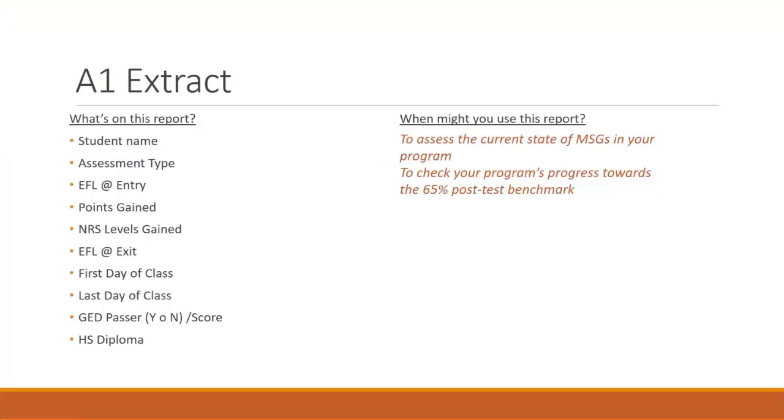You can even just filter for certain results that you're looking for. And it's a really easy way to just get a snapshot of the amount of assessment that your provider is doing, and also on the achievement that students are making on those assessments. So I highly recommend this report if you are the kind of person that likes to play around with your data and do your own visualizations.